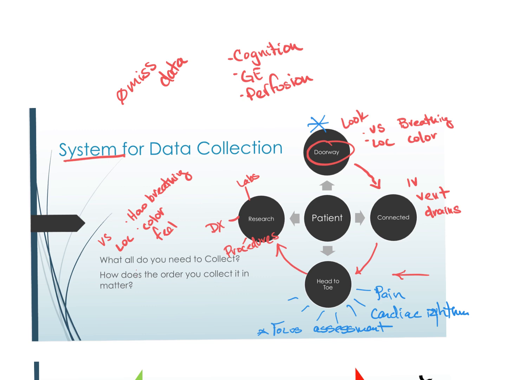I call that the research part of data collection. And sometimes it can happen before the doorway because you're waiting for report. Sometimes it can happen before the head to toe, right? So again, this is just a system. It's not a perfect one because your patients are going to be ever changing and you're going to be changing and working with them. And depending on your unit, it may change as well.